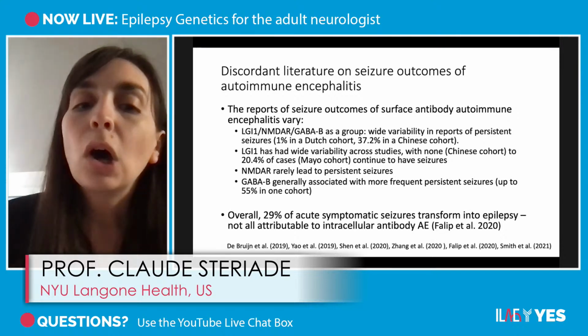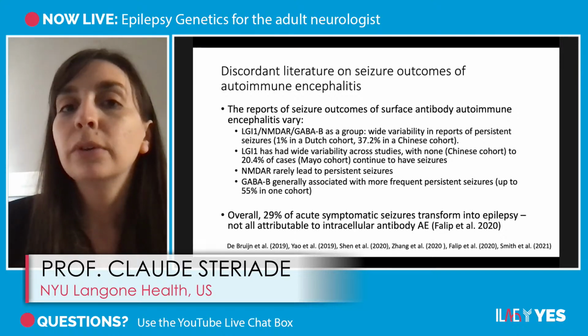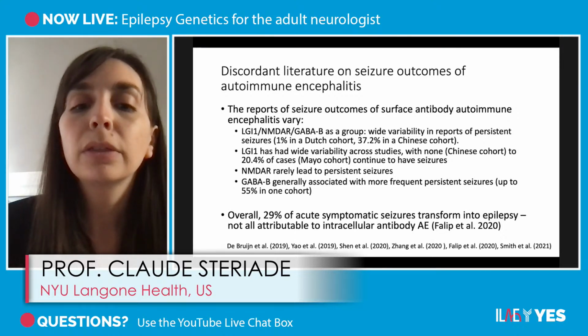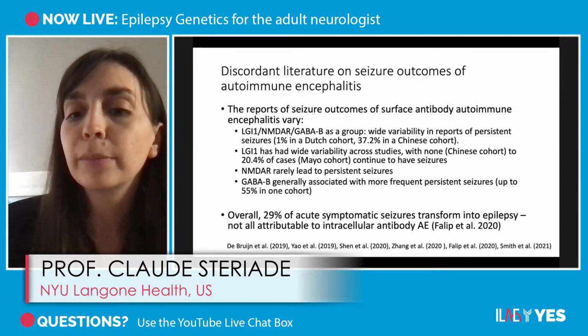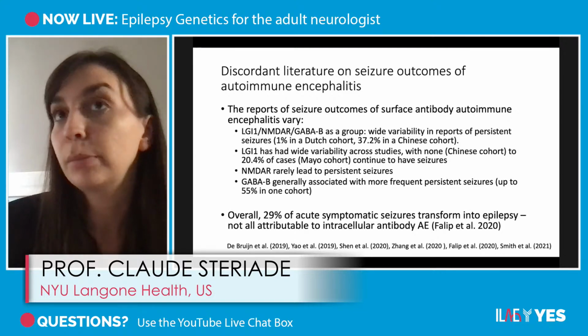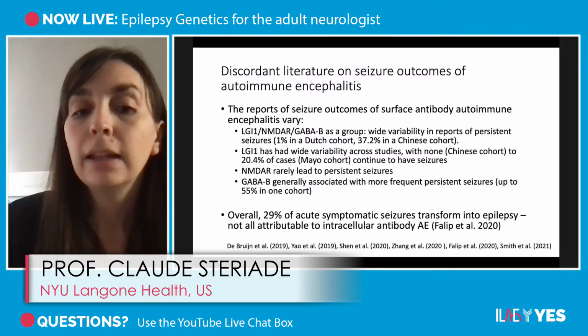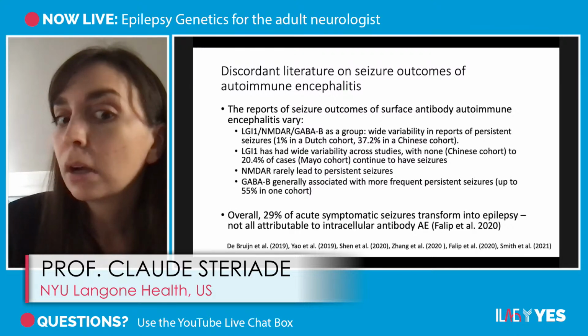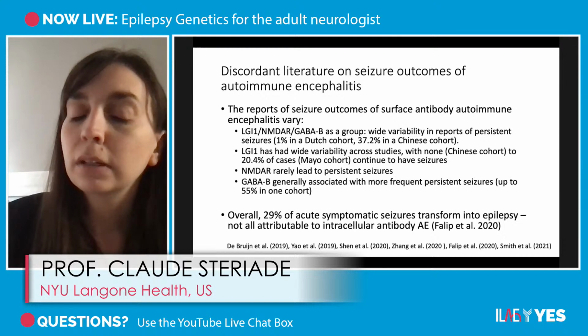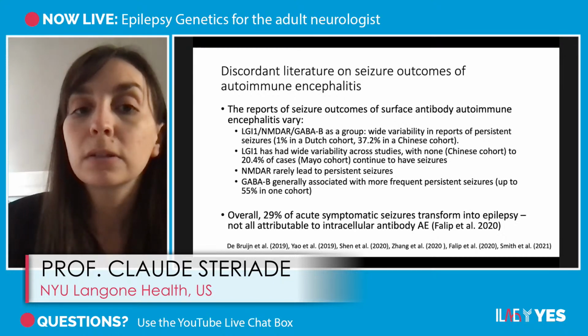And then if you look at all comers, so if you don't divide according to antibody, about a third of acute symptomatic seizures from encephalitis will end up transforming into epilepsy and show up in our clinics. And not all of that third are attributable to an intracellular antibody. Some of these patients will have cell surface antibodies.